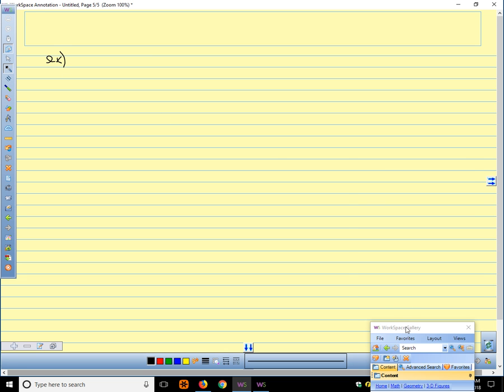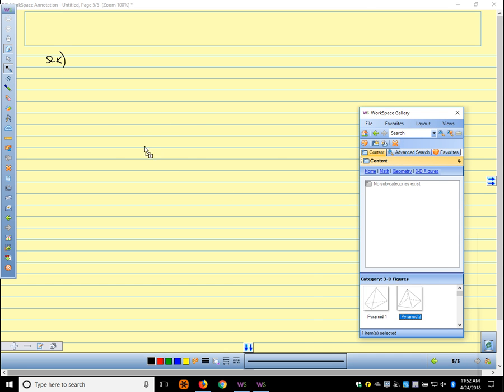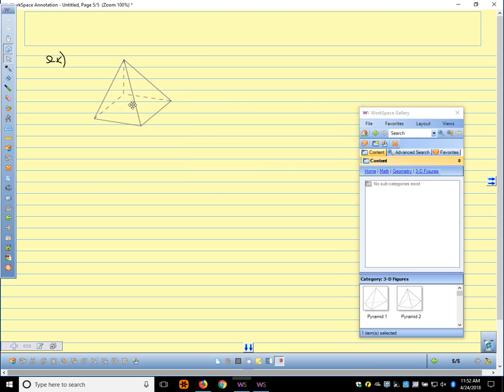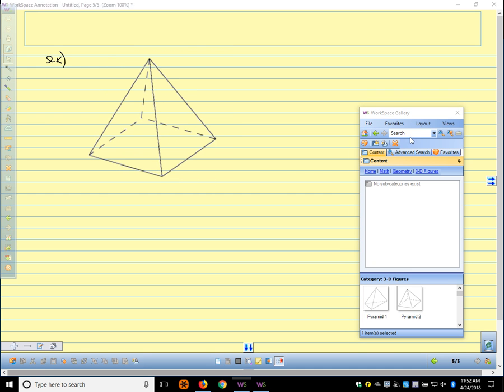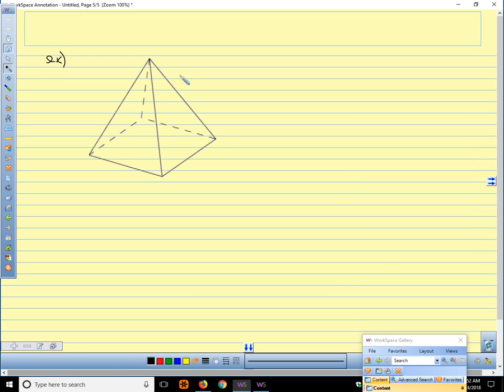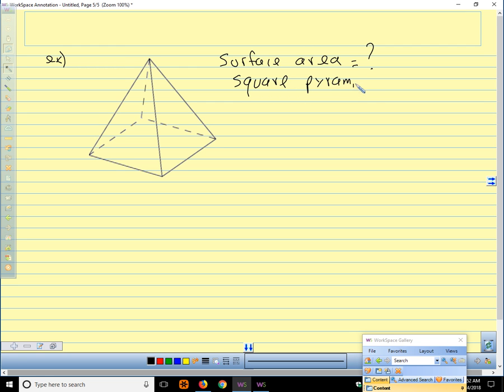So we're going to work with square pyramids for now. Surface area equals, and I'm going to say this is a square pyramid. So when we say square pyramid, that means the base is a square, so we know all the sides are the same.